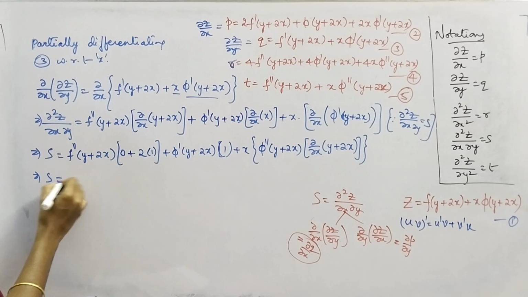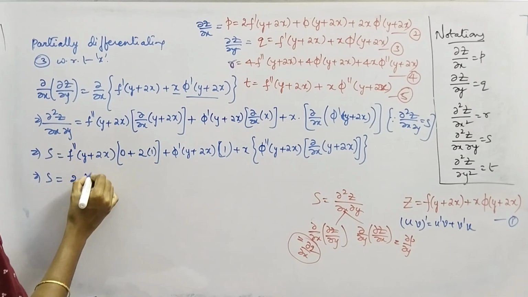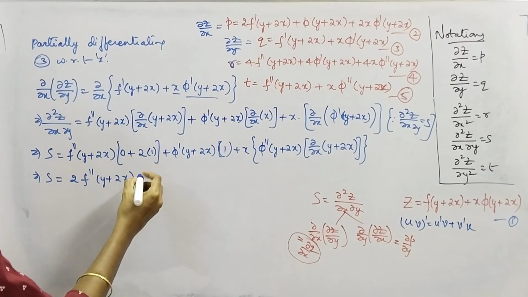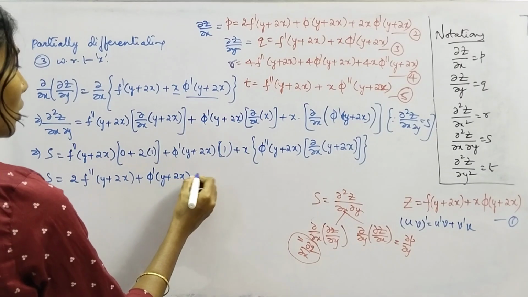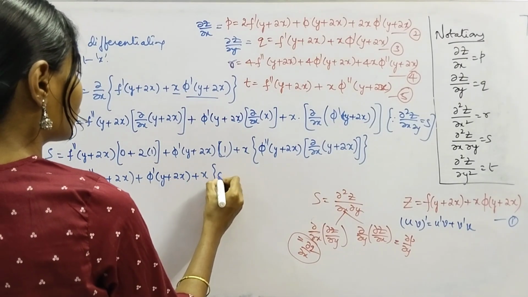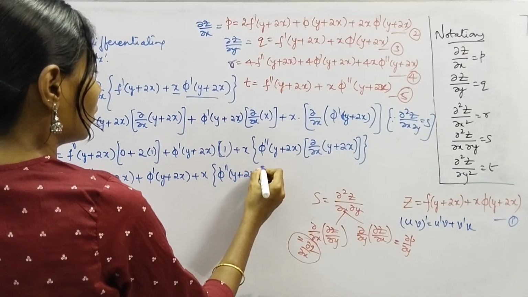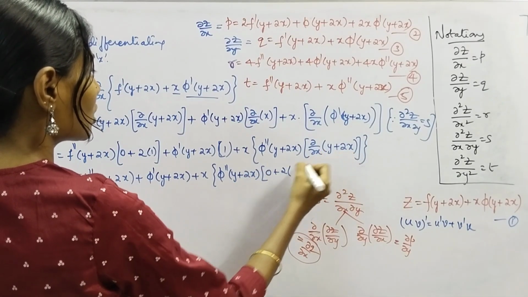This gives us s equal to 2 into (1 times 2, 2 plus 0), so 2 f'', plus 1 into φ', which is φ', plus x times φ'' of (y + 2x) into (0 + 2 times 1).